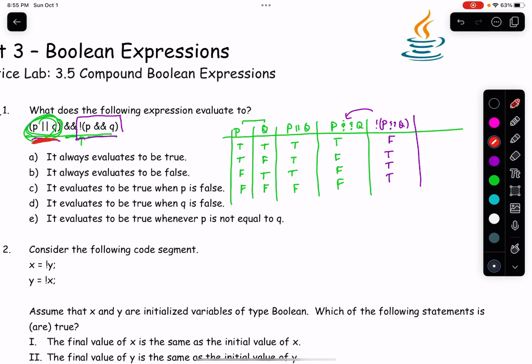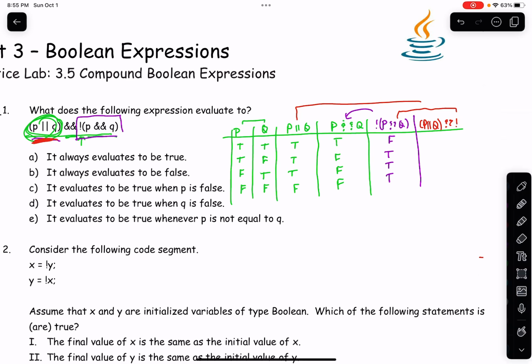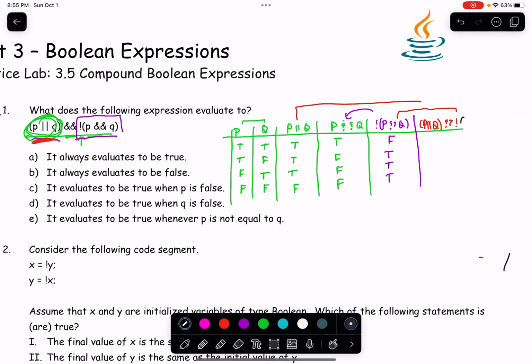I have P or Q, and then an and, and then not, and then P and Q. So looking at P or Q and looking at not P and Q.